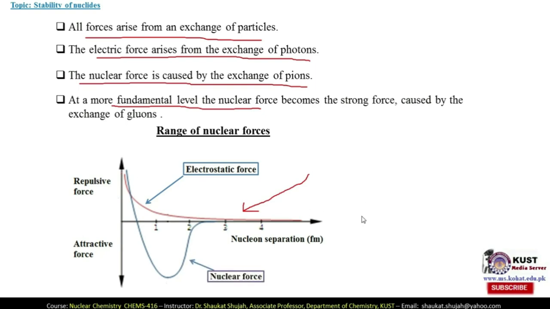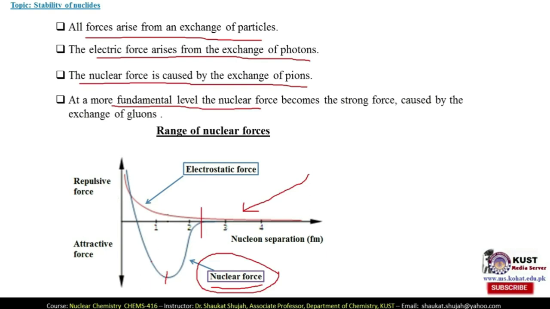However, in the case of nuclear forces, when the nucleons come close to each other, at a distance of about 2.5 femtometers, this force starts operating and the attraction between the nucleons increases and reaches a maximum value at a distance of around 1.2 femtometer.